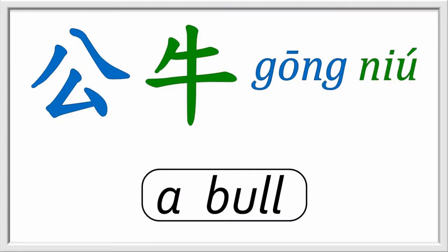So that reflexive arm movement to protect one's upper or lower body seems to make sense. This character, gong, also means a male animal, which could logically follow from the idea of openly visible, exposed sexual organs. For example, gong niu, a bull, as opposed to mu niu, a cow.